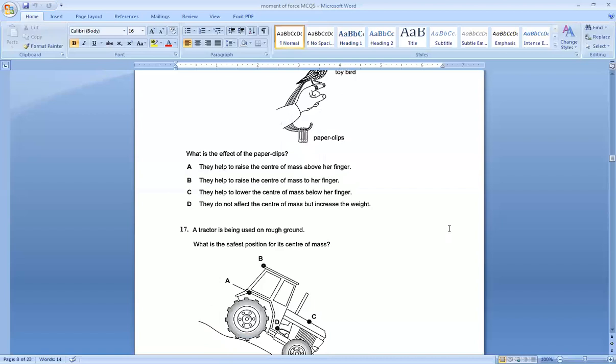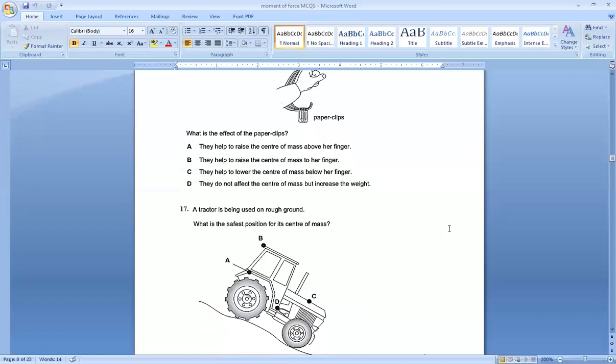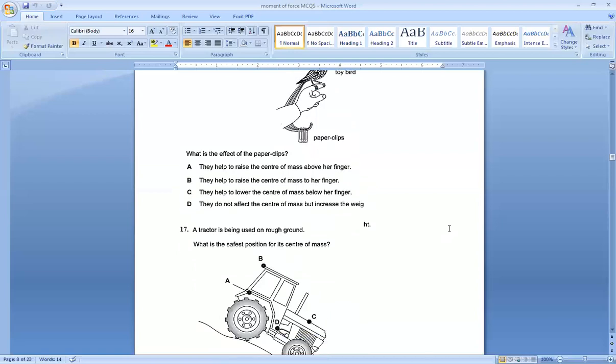If the center of mass lies below the point of suspension, then the bird is balanced. It is in stable equilibrium.